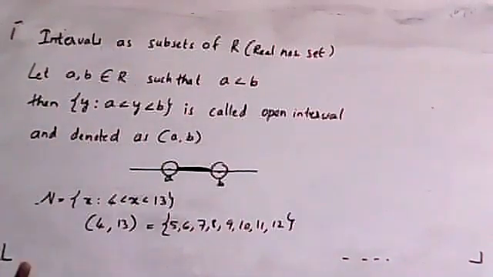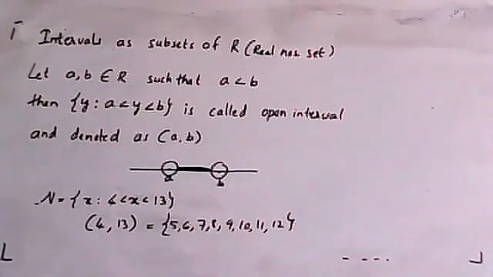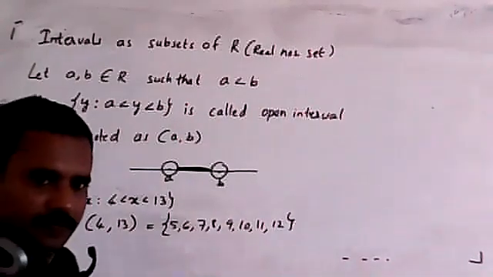Real numbers means all numbers will be covered: natural numbers, whole numbers, integers, rational numbers. All these numbers will be covered in real numbers. So I have taken the real number set here. Hoping you are understanding.